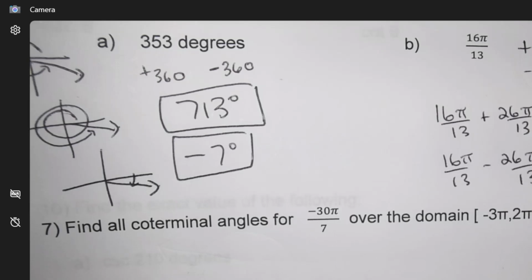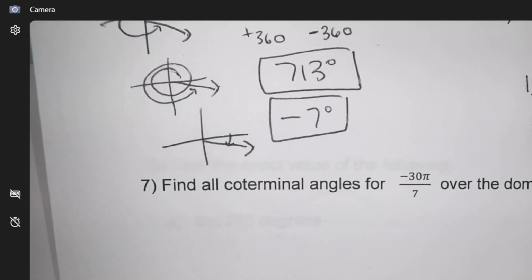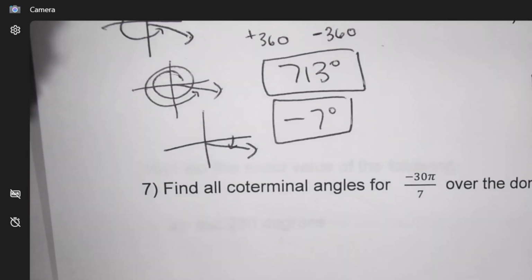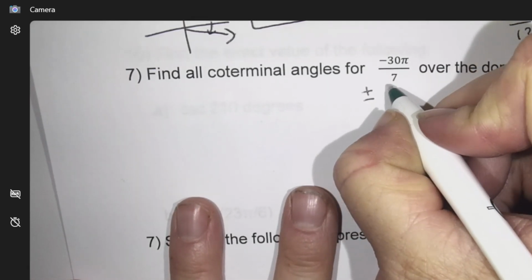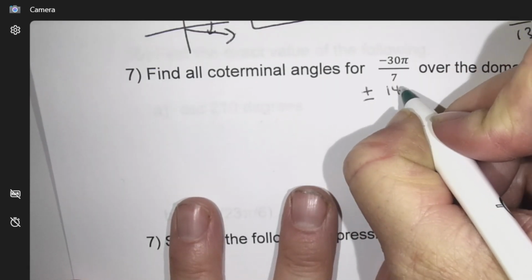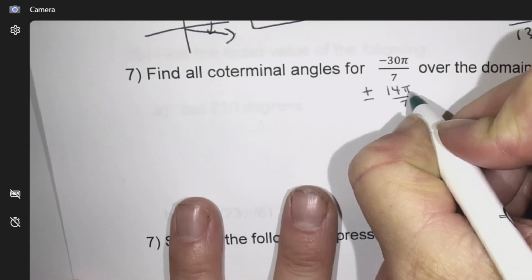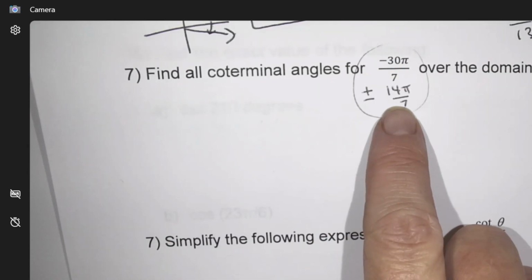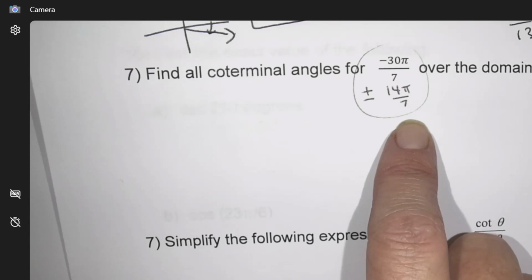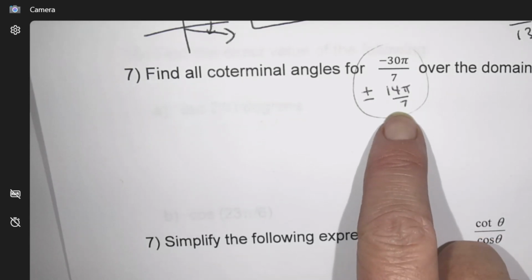Okay, so next one, we're going to find all the coterminals over this domain. So we're going to be adding or subtracting values of, this is what the process is going to be, add or subtract values of 14 pi over 7, and I picked 14 over 7 because that is the number 2 pi.